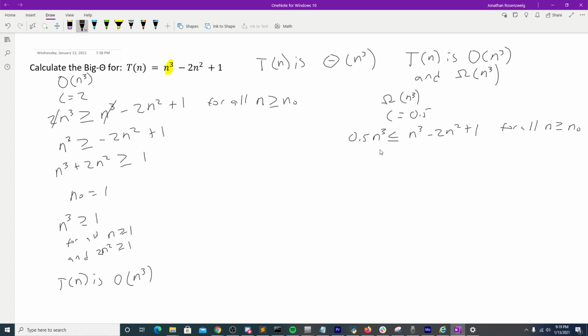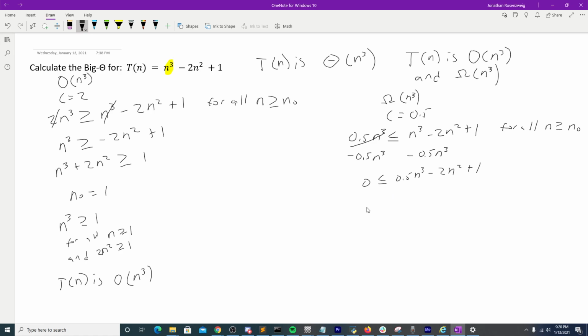So once again, we're going to approach finding n naught the same way, by first simplifying the expression to a term where it becomes sort of obvious what to choose our n naught as. So I'm going to subtract this 0.5 n cubed, and we have 0 is less than or equal to 0.5 n cubed minus 2n squared plus 1, and I'm going to move the 2n squared to the other side.